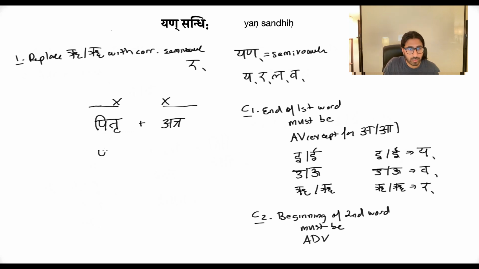It becomes pitra. You could even write it like this, a TR, but here we're just going to write it like this, pitra. So it turns from pitru to pitra without the sound after it.